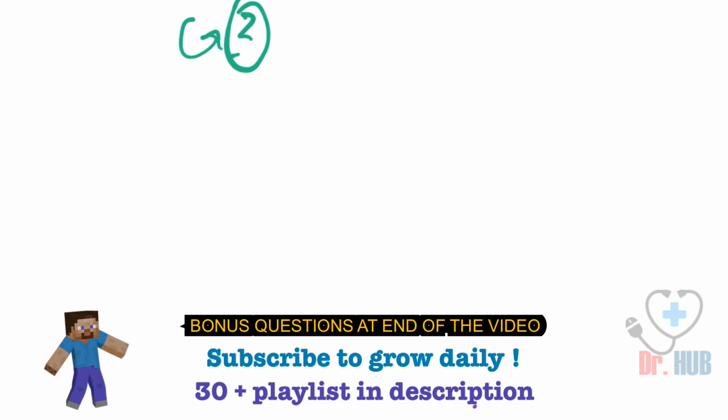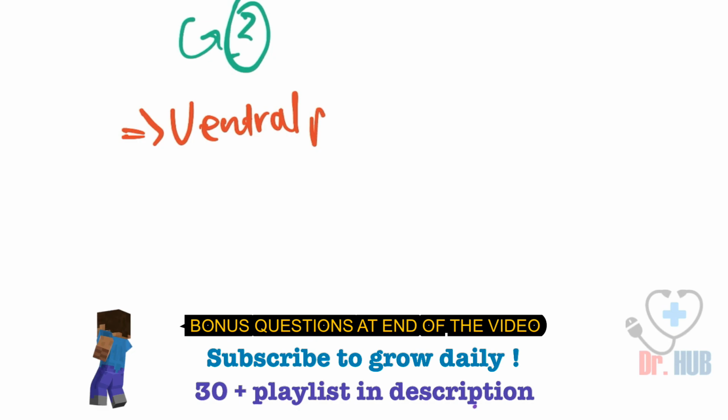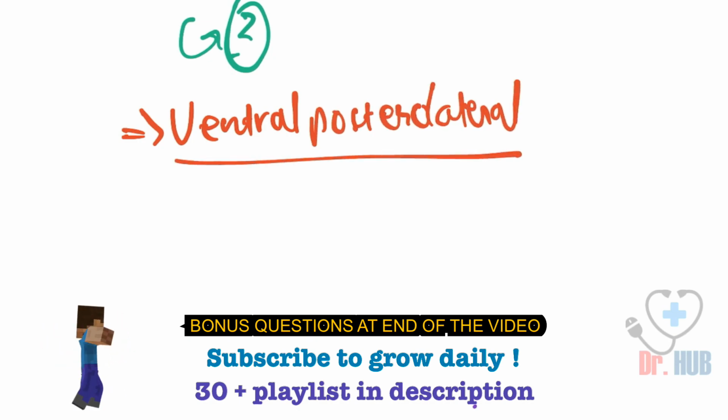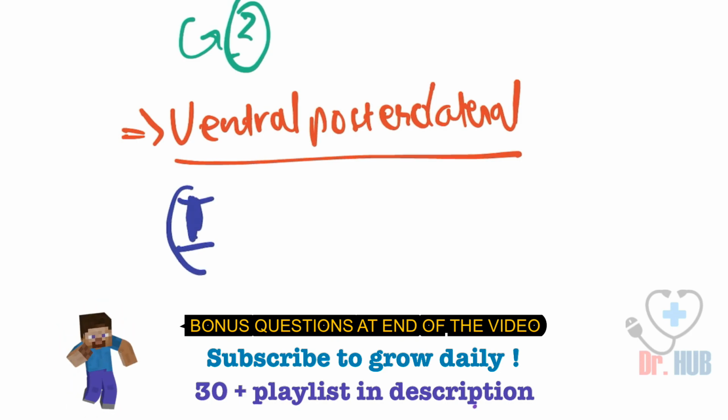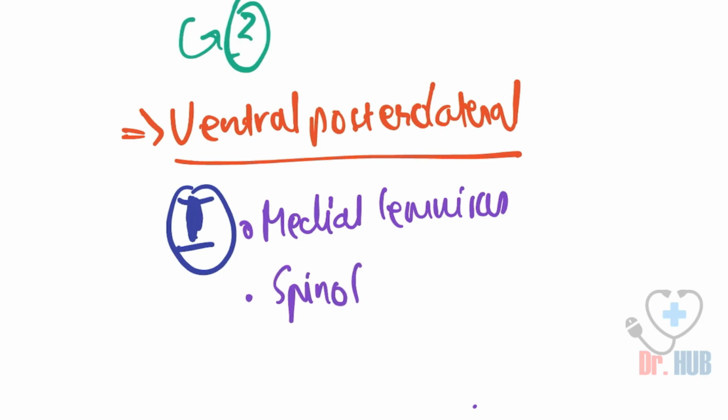Then we will look at the VP lateral, which is the ventral posterolateral nucleus. In the ventroposterolateral we have the input as well as the output. Looking at the input, it is the medial lemniscus as well as the spinothalamic pathway.